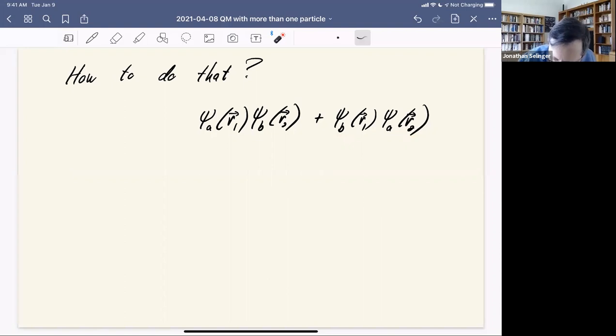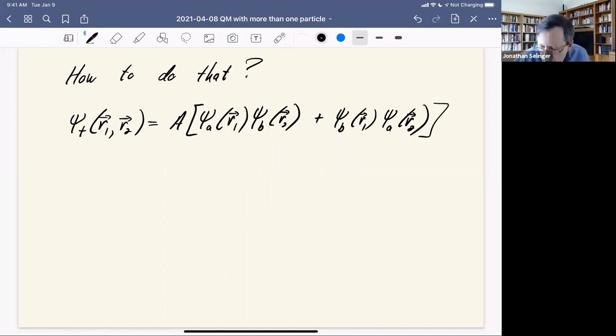So we could call it psi plus of r1 and r2, which is some factor times those things. That is a symmetric combination.